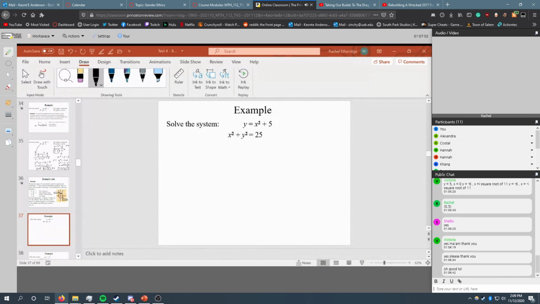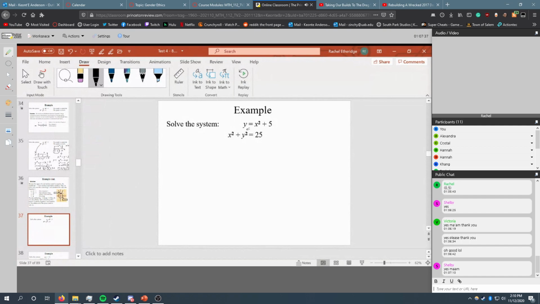Shelby, did you say you need me to work this out? Okay, so again, we have y equals x squared plus 5. If I substitute x squared plus 5 here, I'm going to end up with an x to the 4th because I'm going to be squaring an x squared.